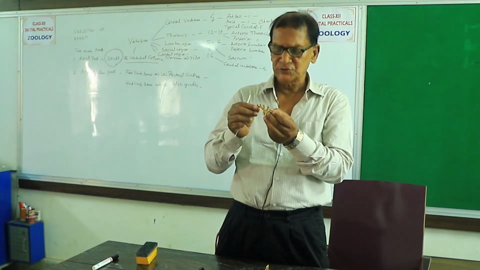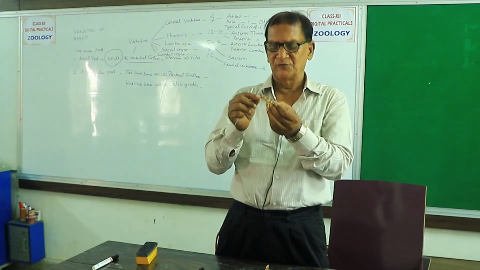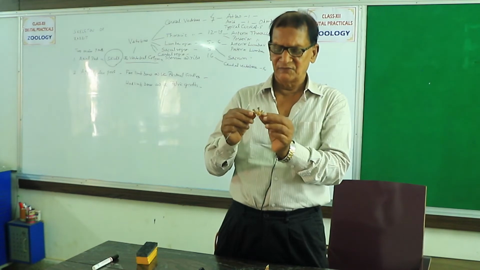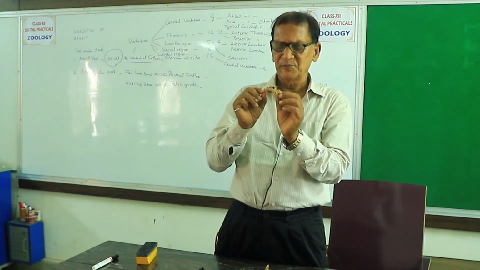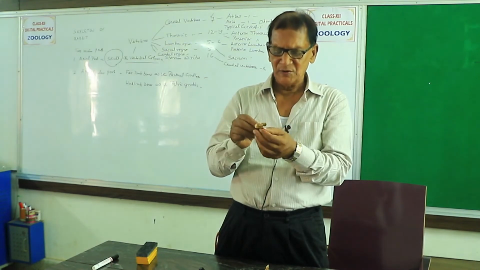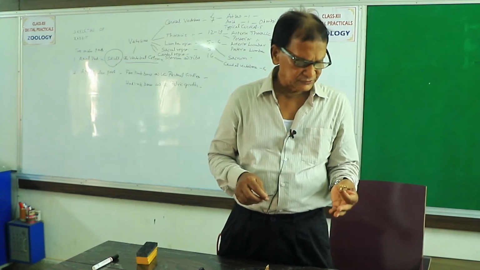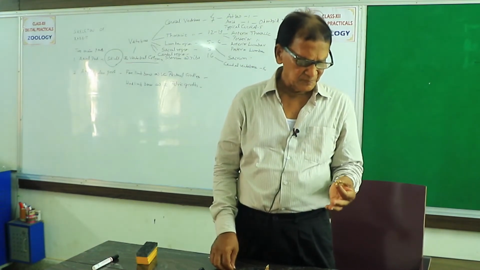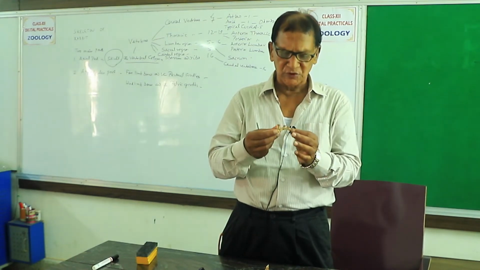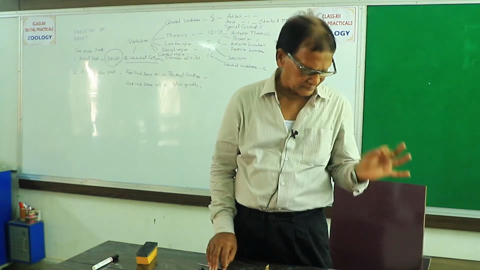And posteriorly, you have a pair of projections, the post-diaphysis. The centrum, as usual, is flat on both the sides, so amphiplatian centrum. So this is the compound structure called synsacrum, formed by the fusion of 4 sacral vertebrae.